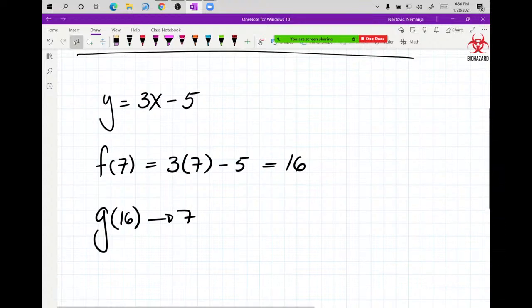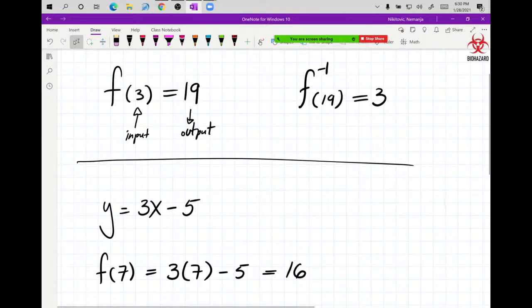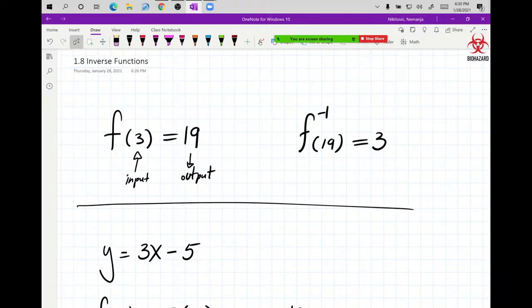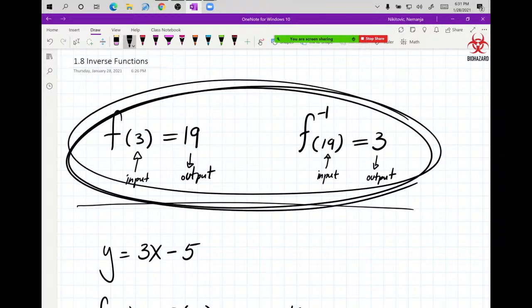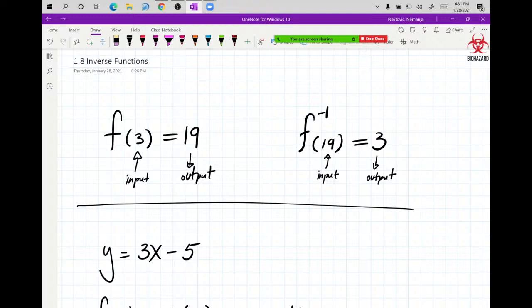Well, if you carefully observe the first example, do you see how for the inverse function the input was 19 and the output was 3? What can you tell me? What changed between the two cases? It's the obvious thing. You just need to say it. If you're thinking something obvious, that's probably it.